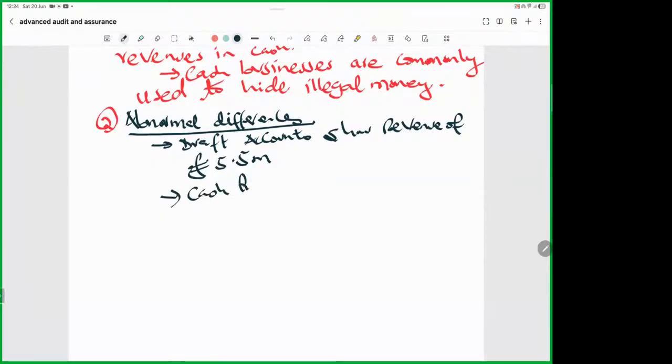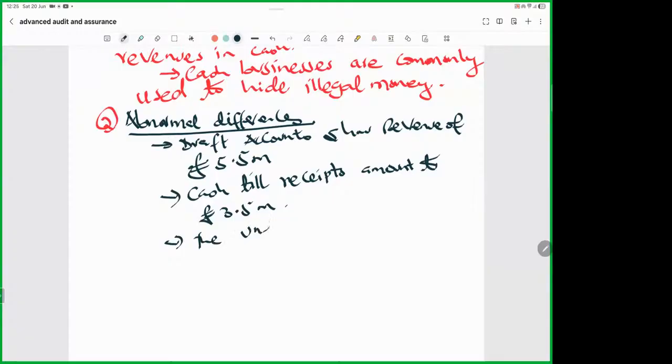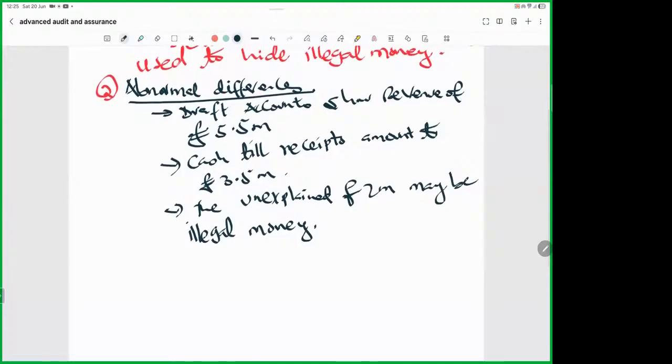Cash till receipts amount to pounds 3.5 million. The unexplained pounds 2 million difference, pounds 2 million, maybe illegal money. Full stop.